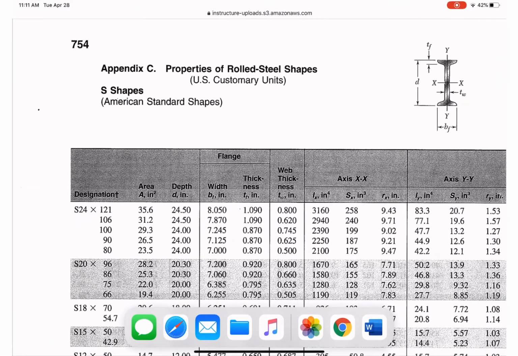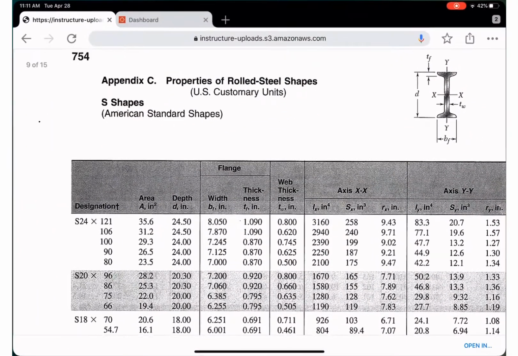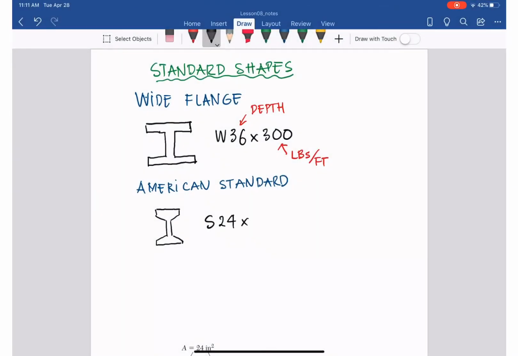So we have here S24 by 121. Again, 24 is the depth, and 121 is the pounds per foot.